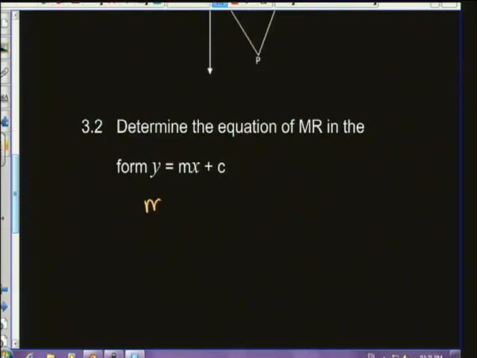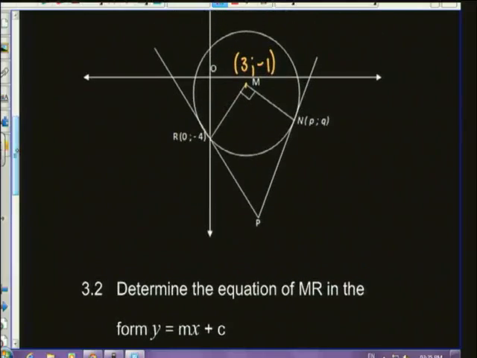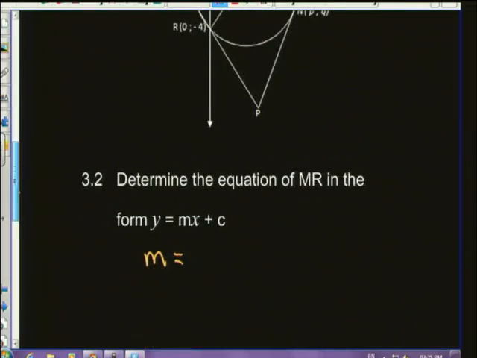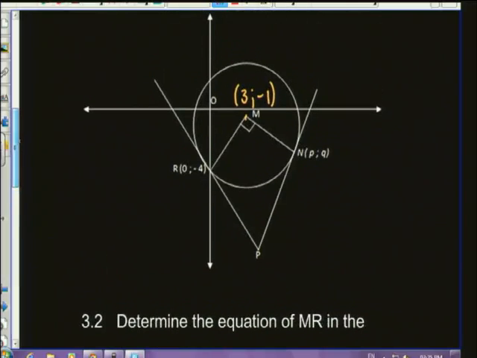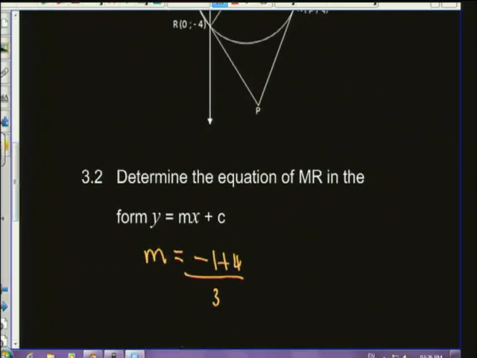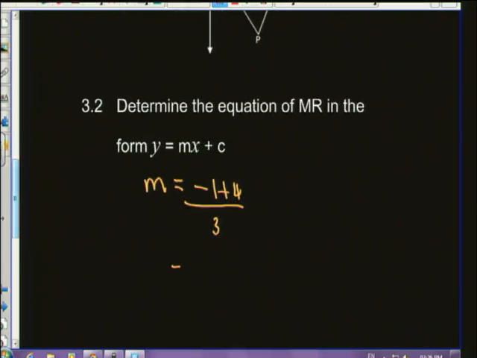So the m of MR is the change in y values, which will be negative 1 minus negative 4. So it's negative 1 plus 4, divided by the change in the x values, which is 3 minus 0, which is just going to be 3. So it means that the gradient of MR will be 3 over 3, which is equal to 1.